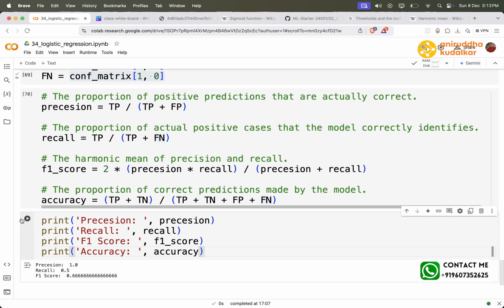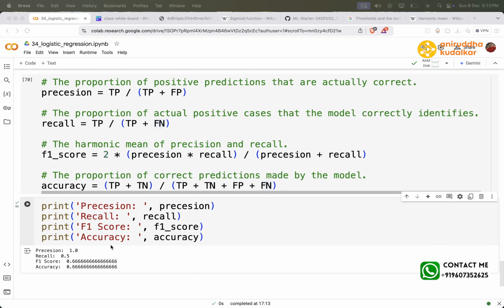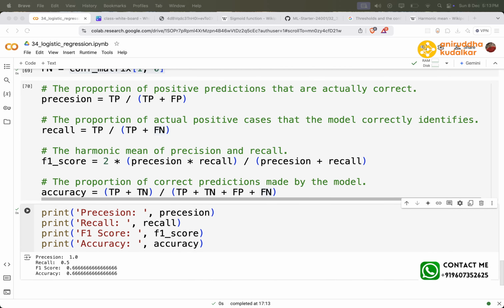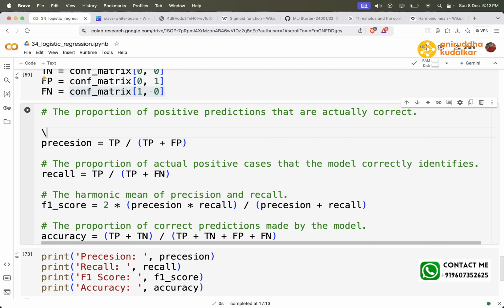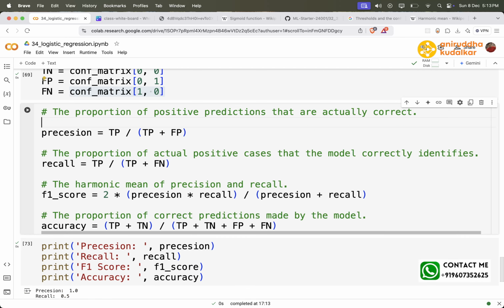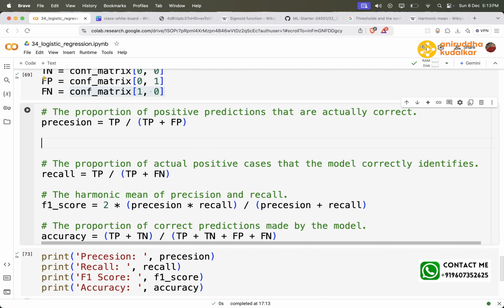Accuracy, and you can run it here. The precision is 1.0. Higher the precision value, what is precision?